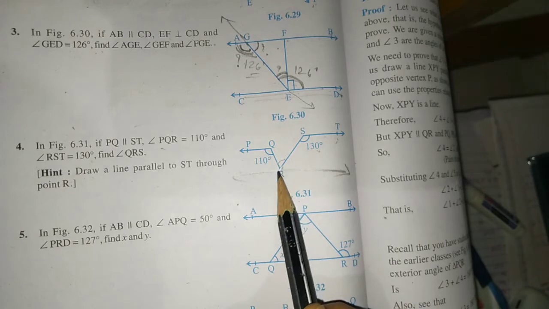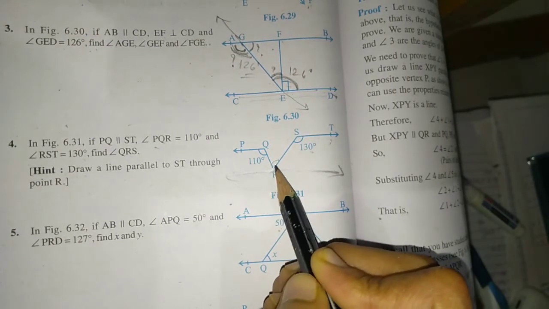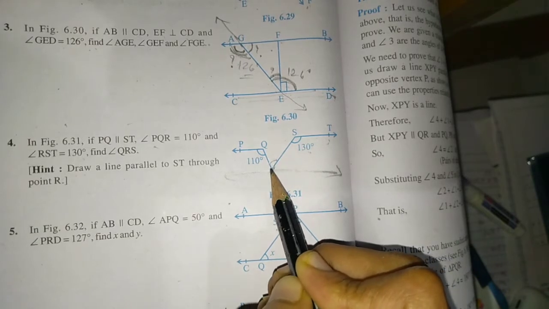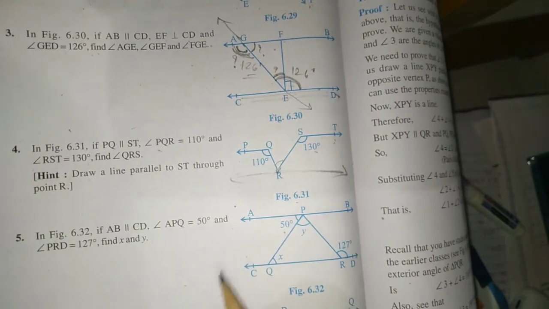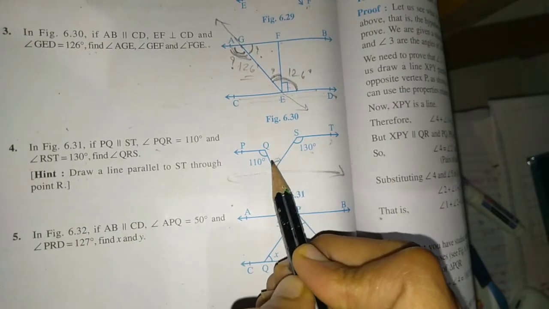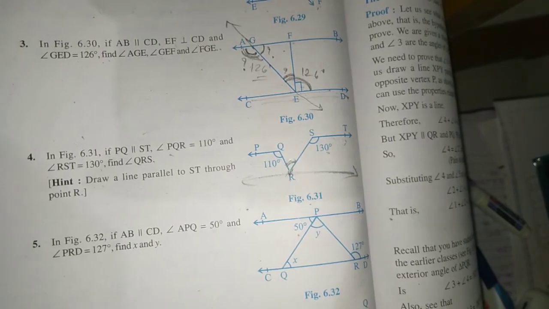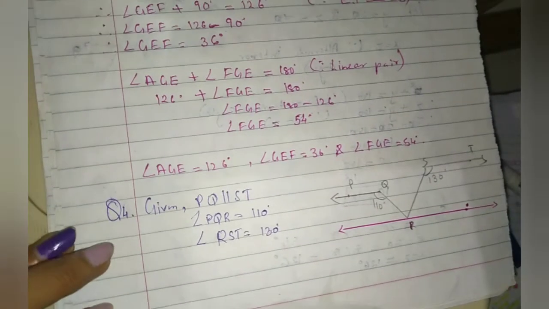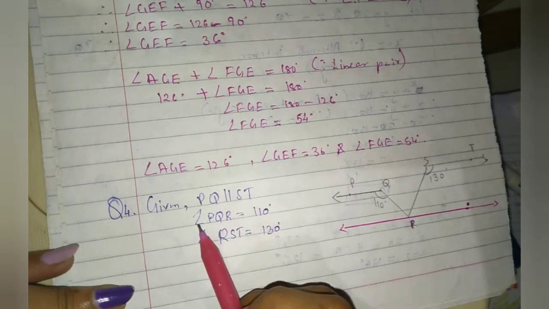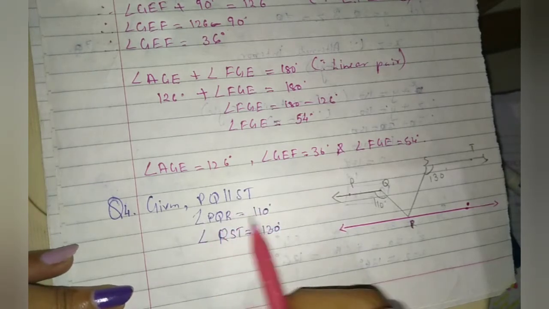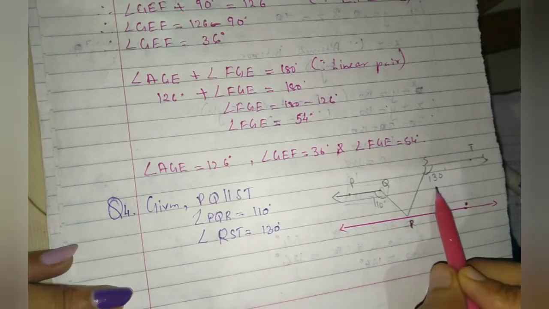Now we have to find this angle. So let us find that. Whichever we had given, let us write that. PQ parallel to ST, and angle PQR is 110 and angle RST is 130.